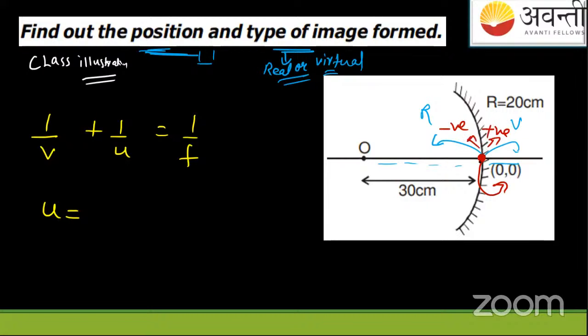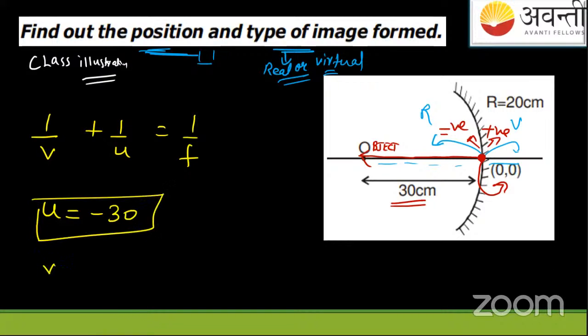If you go from the pole towards the object side, the object is at a total of 30 centimeters, but in which direction? Negative. So as per the sign convention, I will take U as minus 30. V I need to find. Focus is how much, students? R by 2.